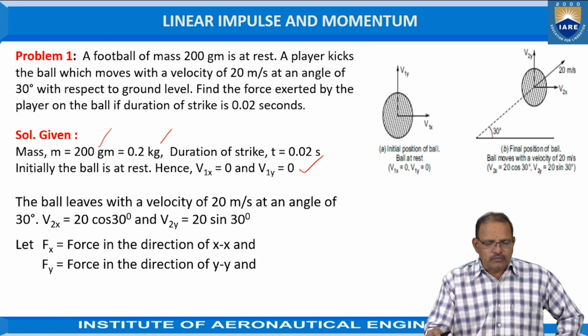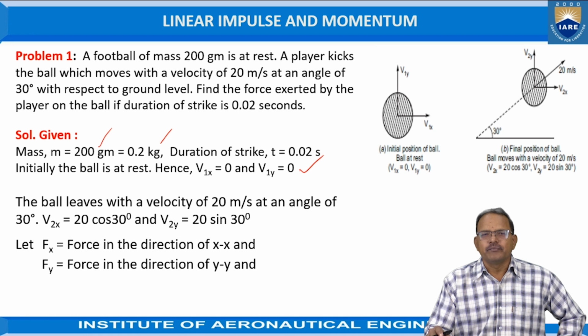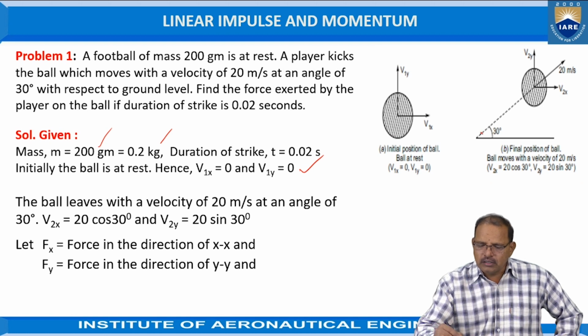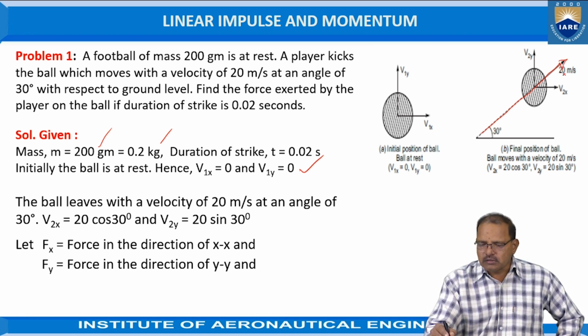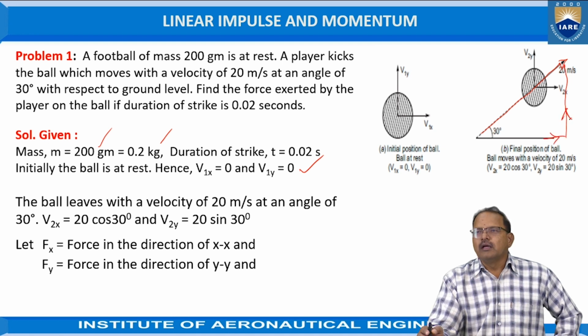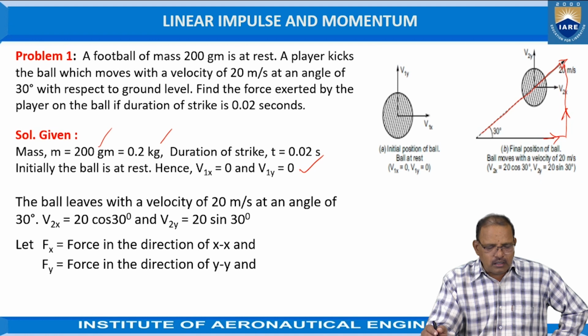After kicking, the ball is moving with a velocity of 20 meters per second at an angle of 30 degrees. This represents the direction in which the body is moving, so it can be resolved into two components, along the x direction and along the y direction.